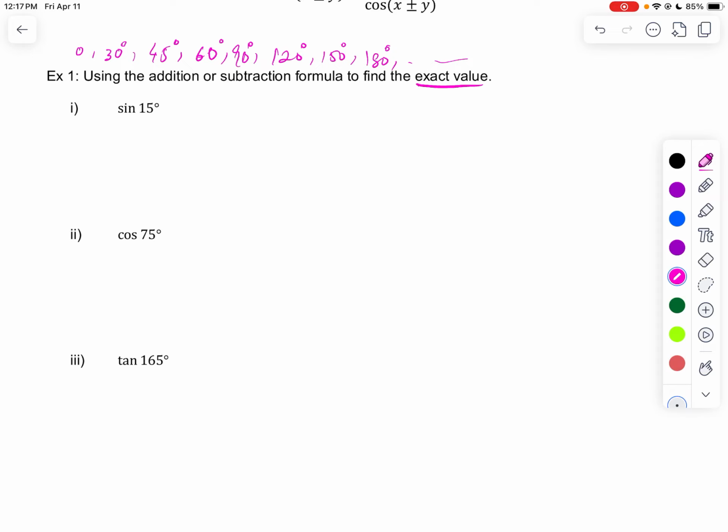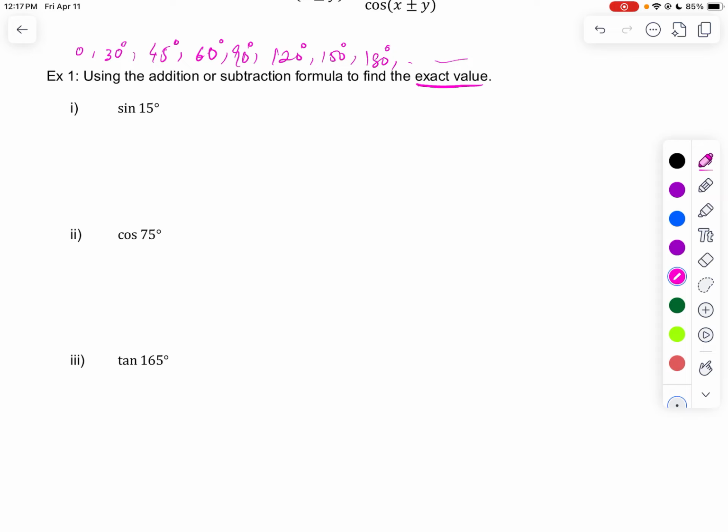Either you know those values of sine and cosine by heart, or you should be able to figure them out while doing the question.